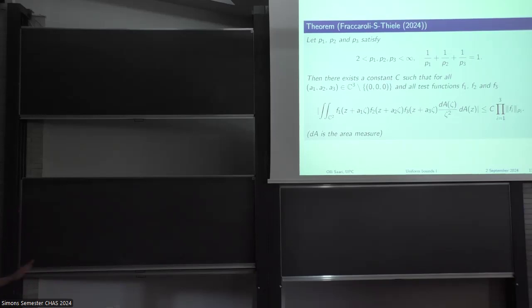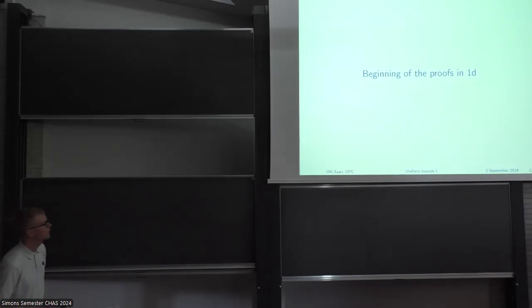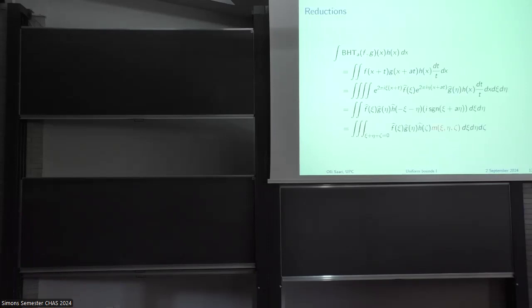Okay, so let's start with going from the singular integral to the bilinear. Okay, so this is a formal computation that is easy, but it's nice to have. So first, when we write the duality form, we can just insert the bilinear Hilbert transforms. Then we write both f and g using the Fourier inversion formula.